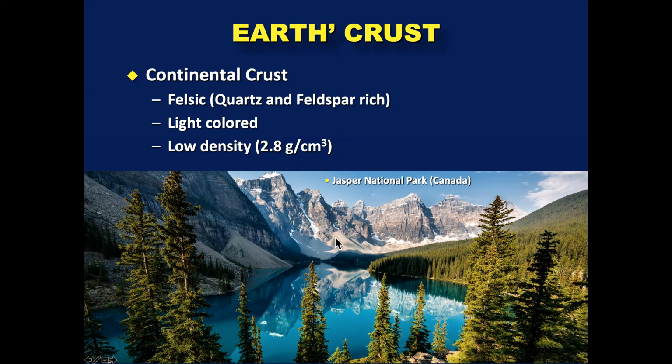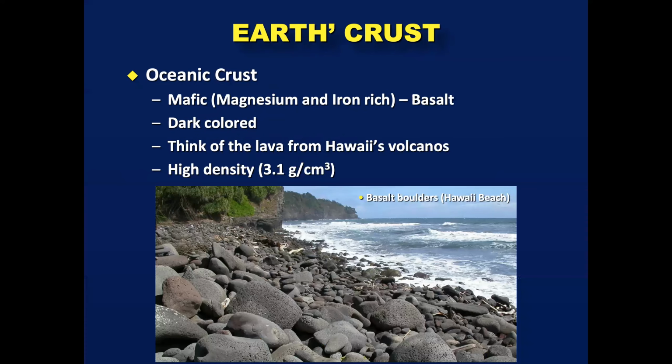So here's an example of continental crust in the middle of Canada, Jasper National Park. Now, oceanic crust is what's called mafic, which is magnesium and iron rich. And it's usually dark in color and denser. So instead of 2.8 grams per cubic centimeter, it is 3.1.